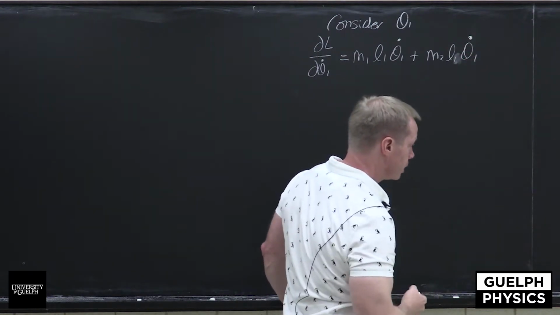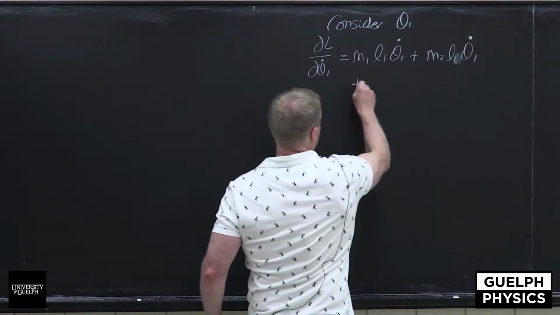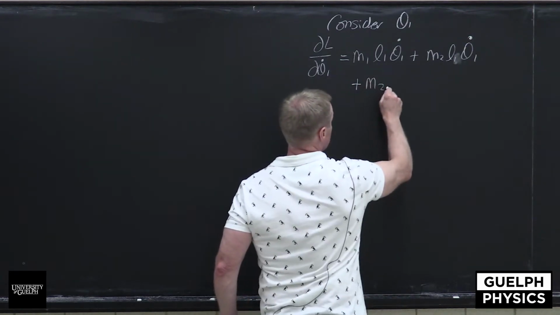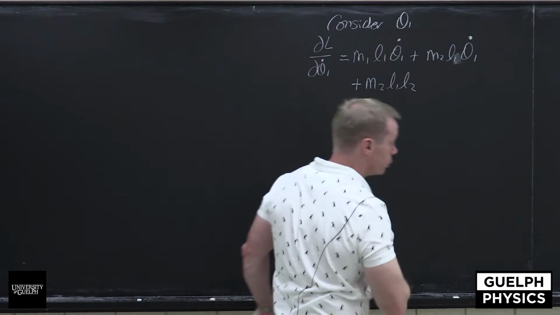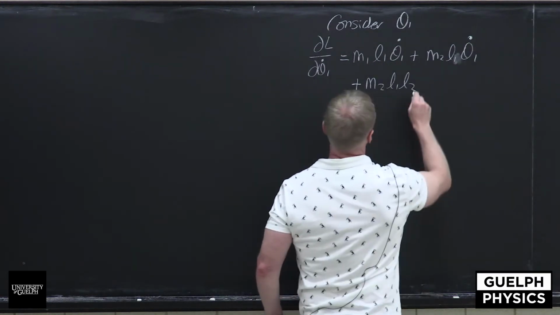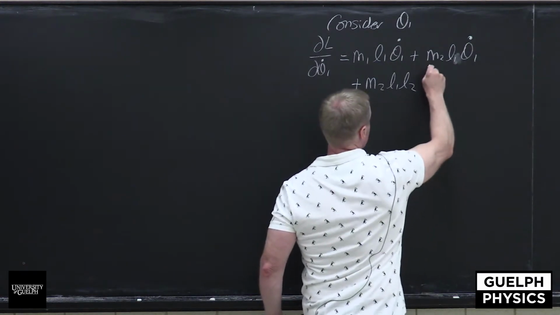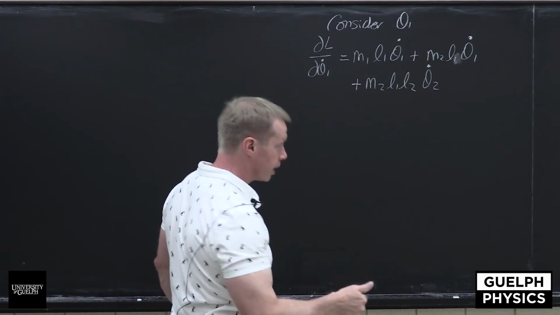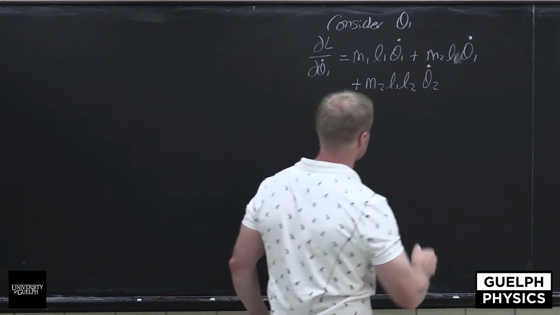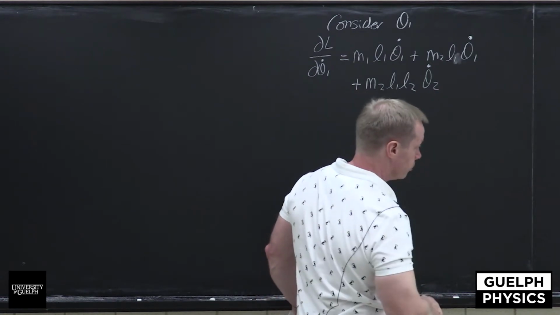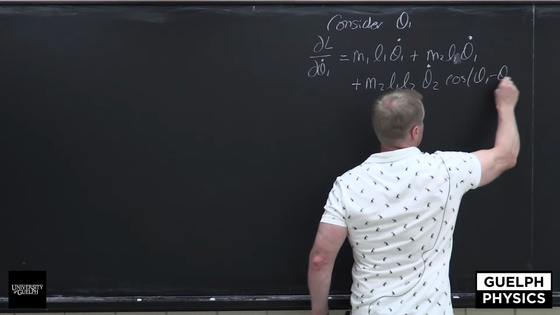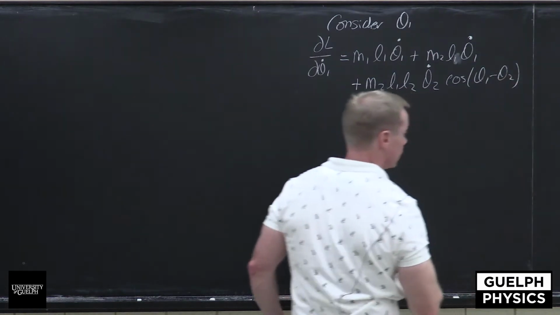Theta 1 dot, and we also have an m2 L1 L2 theta 2 dot. So this comes from the term that involves both theta 1 dot and theta 2 dot. So the theta 2 dot remains. And then there's a cosine theta 1 minus theta 2.